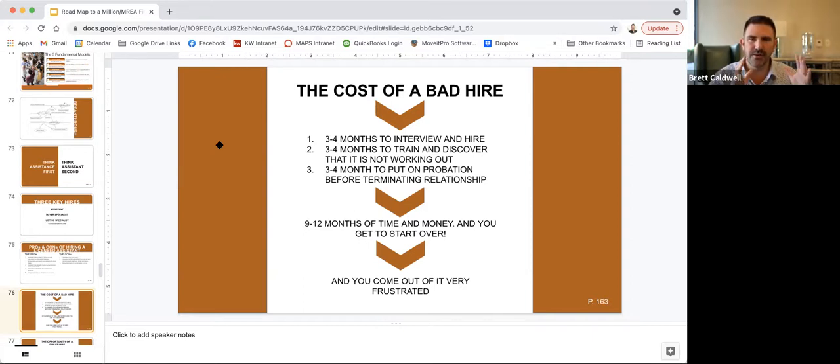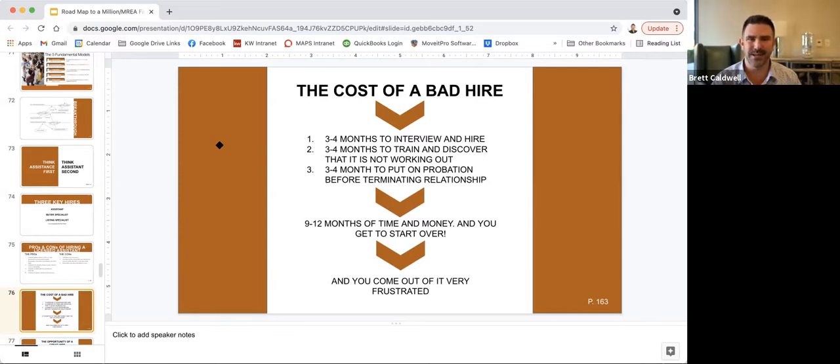So a little bit of extra energy on the front end prevents all this from happening most of the time. It's not foolproof, but if you've ever really experienced a bad hire, this is a painful slide, and you understand it at a high level, because time is money, and money certainly takes your time.